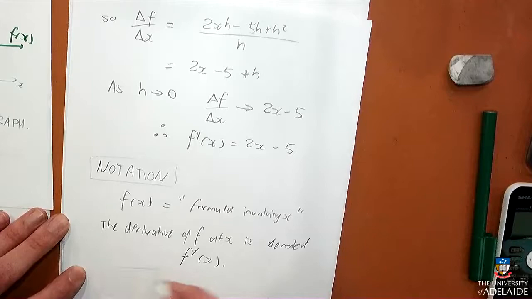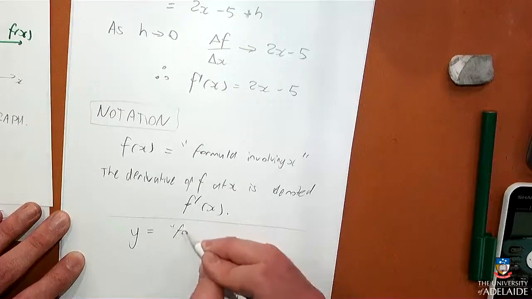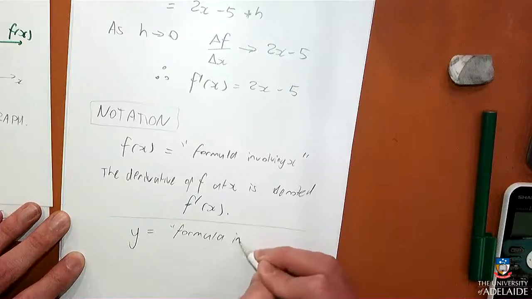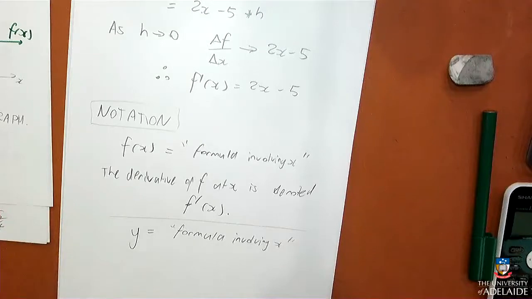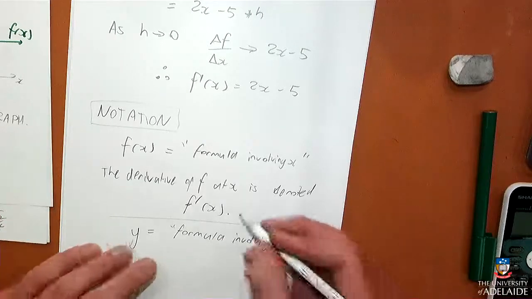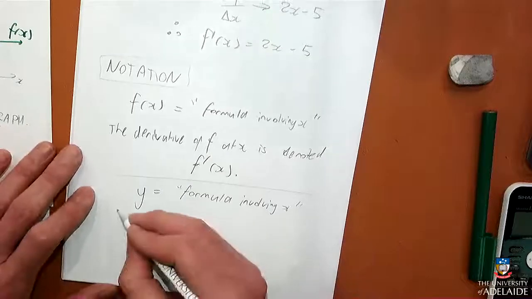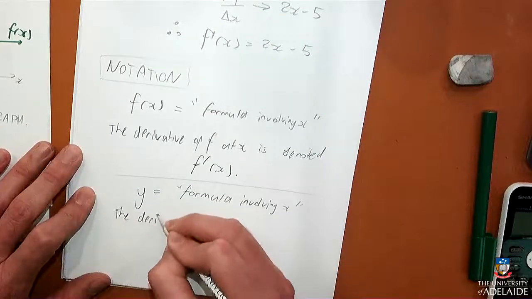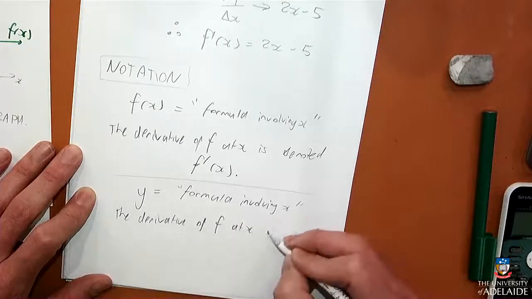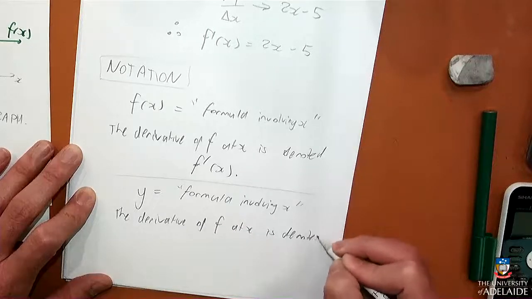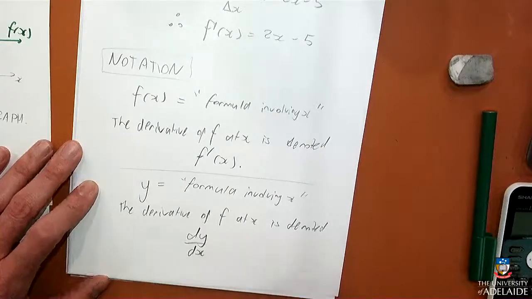But on the other hand, if you have something like y equals formula involving x, and then it'll normally be a formula, right? It'll be equals something involving x. Then the derivative is usually denoted as dy on dx.